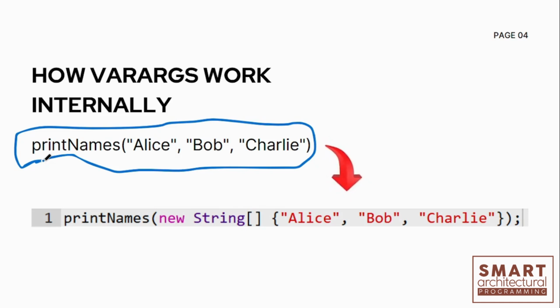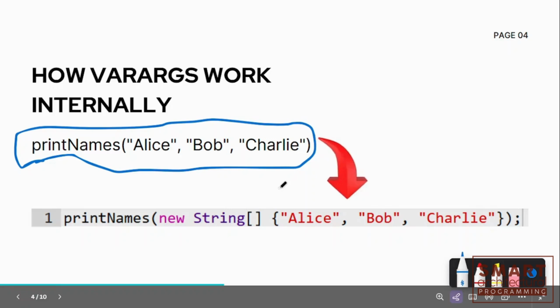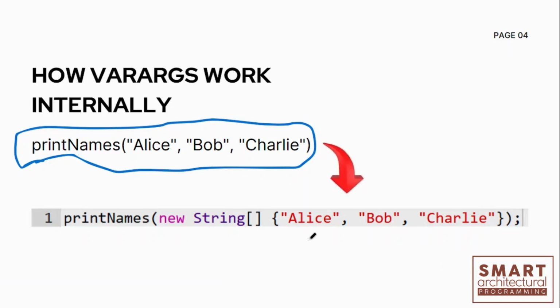Inside the method, you can treat names like a regular array. So when we print the names, it is an array, and it prints them as an array. That is basically how varargs work internally, as arrays. Always remember that. I think we explained that in detail previously, but driving this point home, no matter how many times, is a crucial aspect of understanding how varargs work.